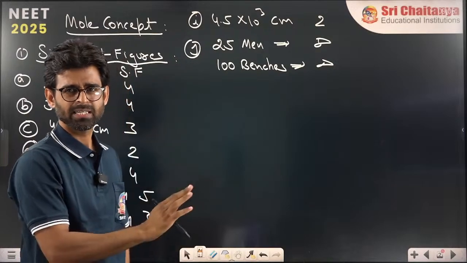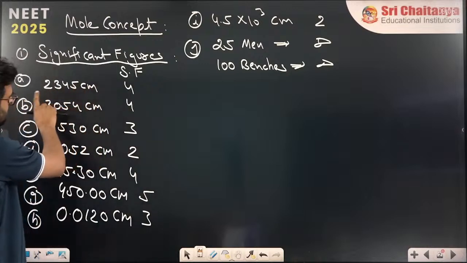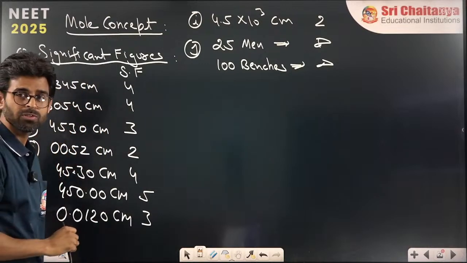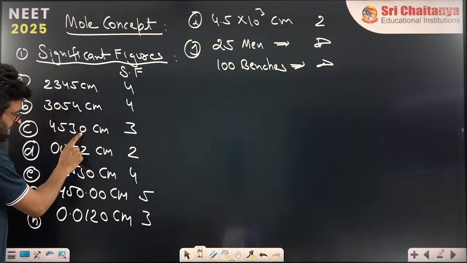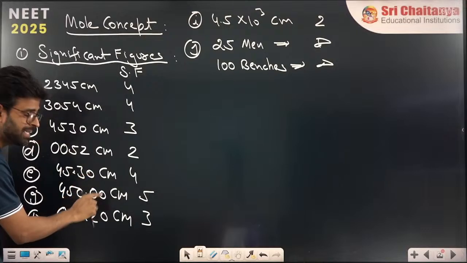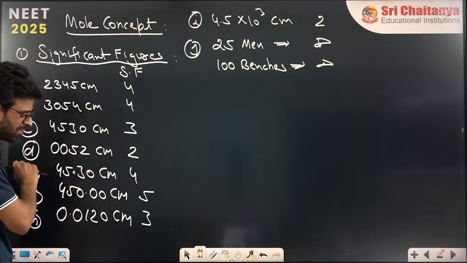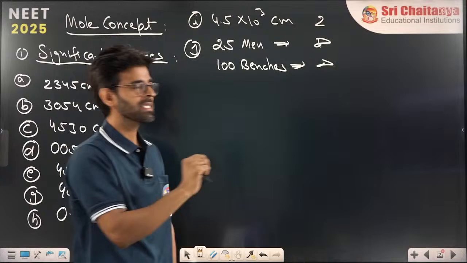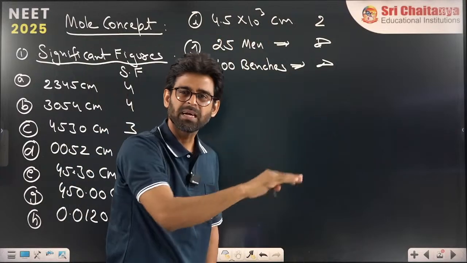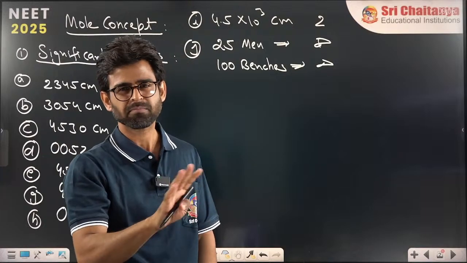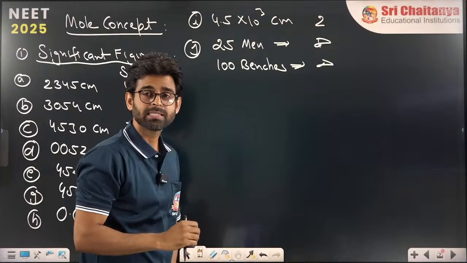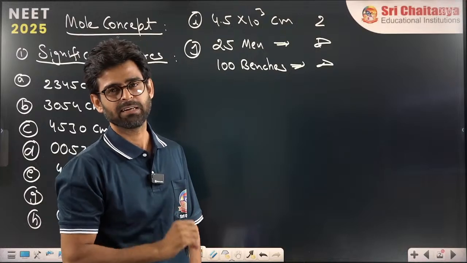So very easy: all non-zero digits are significant, zeros in between non-zero digits are significant, right side zeros without decimal are insignificant, right side zeros with a decimal are significant, and left side zeros are always insignificant. And if a power of 10 comes, like +3, -3, +5, -5, don't look at that part, just use the first part and you can easily see how many SF it has, 2.